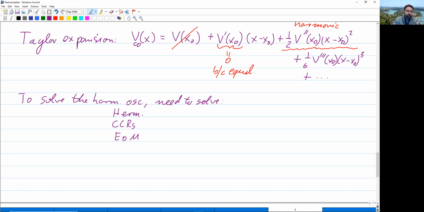Let's try that. So our ansatz is now going to be that x hat of t is some function that we still have to determine, psi of t, that will have to have a suitable time dependence, times a, plus psi star of t, a dagger.